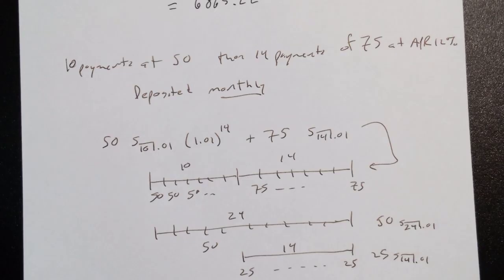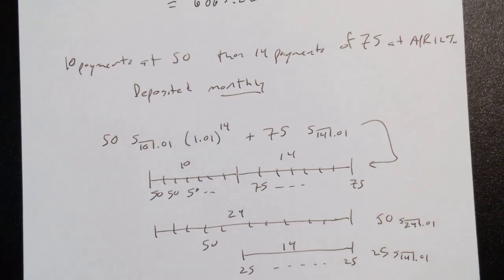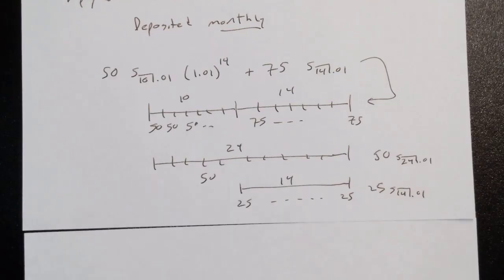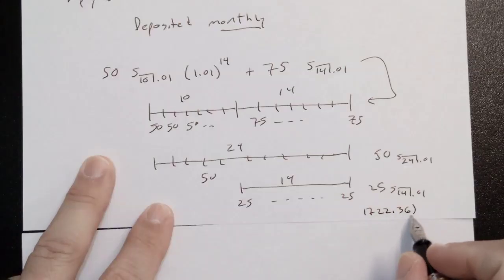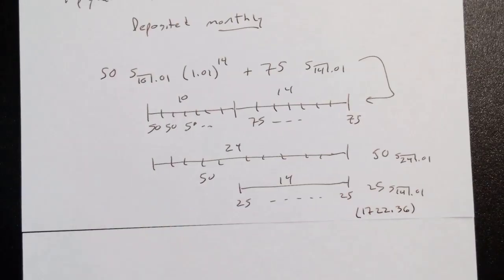Which I think is like 1,700 and change. That's the number I have written down. Hopefully that's right. 1722.36.